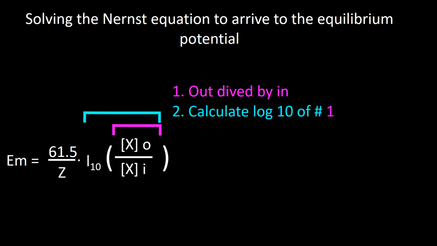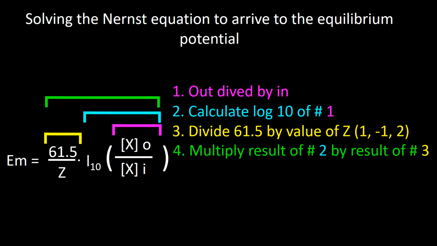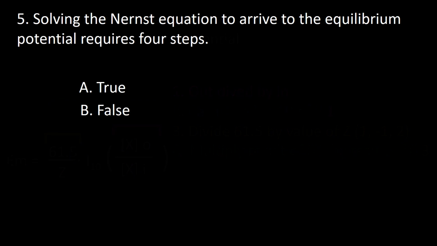The second step is to calculate the log of 10 of the result of the prior division. The third step is to divide 61.5 by the valence of the ion being considered, and the fourth step is to multiply the result of step 2 by the result of step 3. So the answer to this question is true.